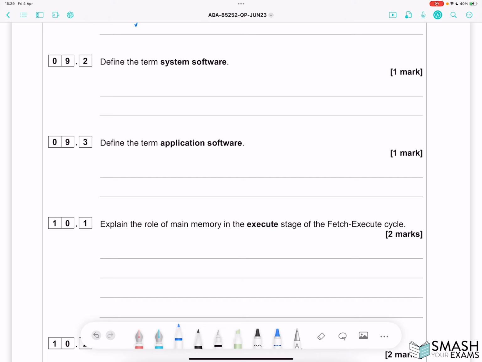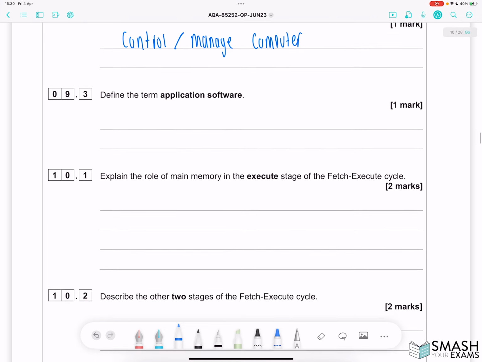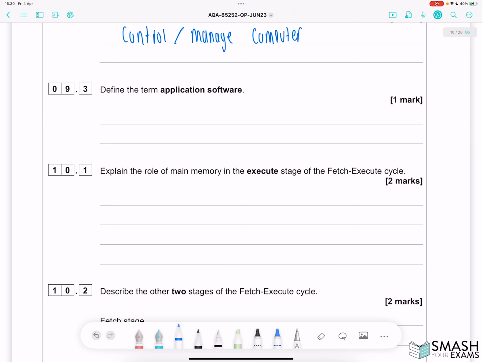So it can control or manage the computer. Now, because this is only a 1 mark question, that would be a valid answer to get our mark. We could have also said it manages the hardware. It can enable the computer to function, because we could be talking about operating systems and so on. So there's lots of valid answers we could put there.